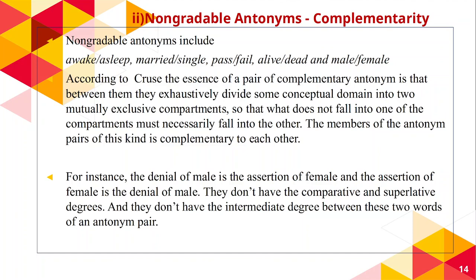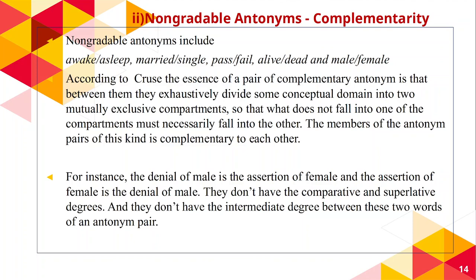According to Cruse, the essence of a pair of complementary antonyms is that between them they exhaustively divide some conceptual domain into two mutually exclusive compartments, so that what does not fall into one of the compartments necessarily falls into the other. The members of antonym pairs of this kind are complementary to each other.